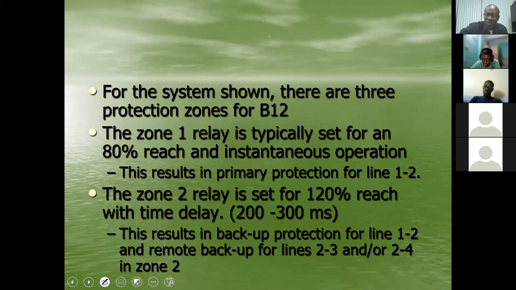Now, in addition to the extended reach, you're also going to include a time delay of 200 to 300 milliseconds. Remember what I said earlier? You're going to allow the quarrel in the next door neighbor's yard to continue, for a time t.